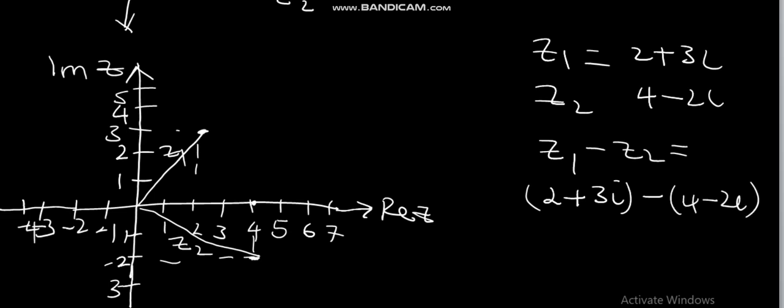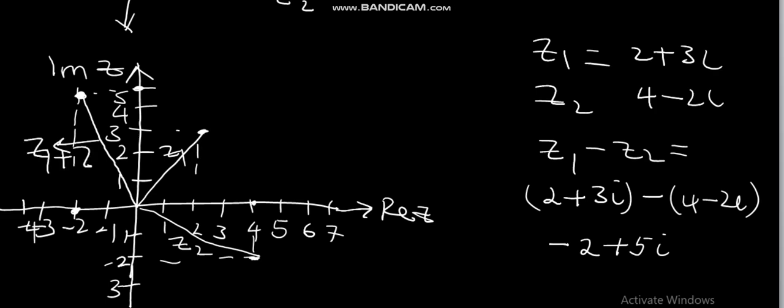So now 2 minus 4, that is a negative 2. 3 minus negative 2i, that is a 5i. Therefore we shall have a negative 2 somewhere here and a 5i, so we shall get our complex number in the second quadrant. So this is z1 minus z2. Good.